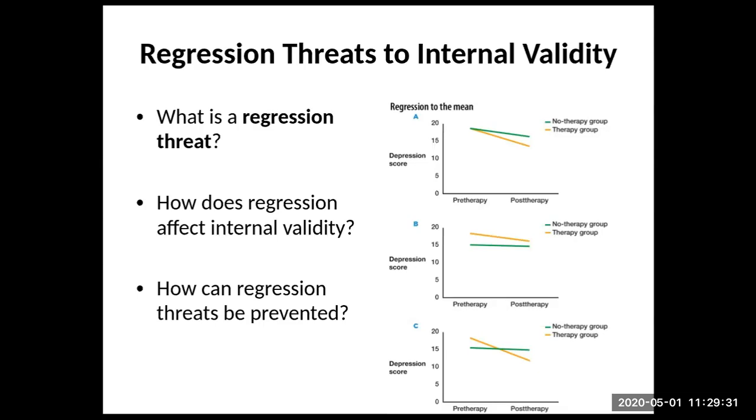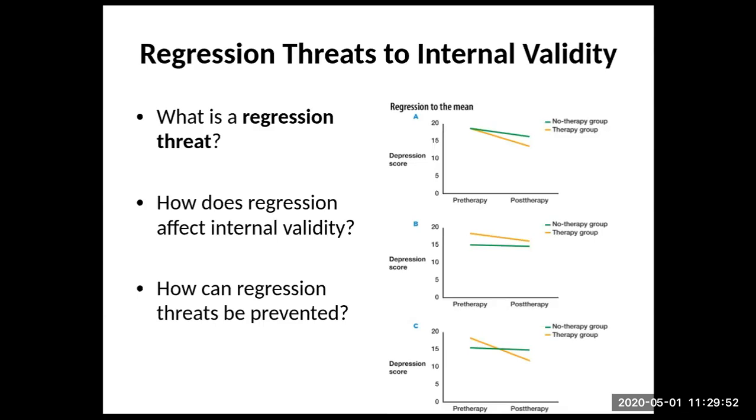From the pre-test to the post-test in green, the no therapy group did decrease a little bit from 19 to say 17, but the group that got therapy was also at 19 and went all the way down to like 12. So I would say you wouldn't really call it a regression threat that much.